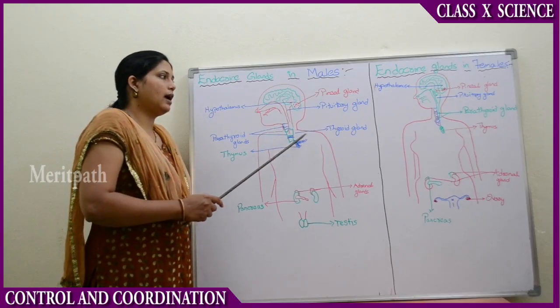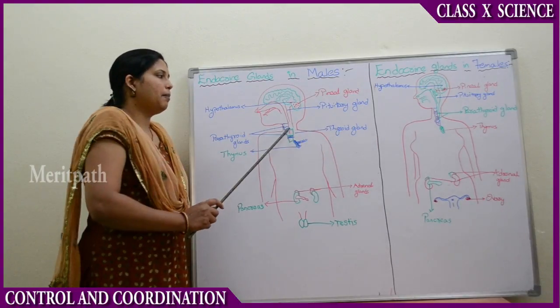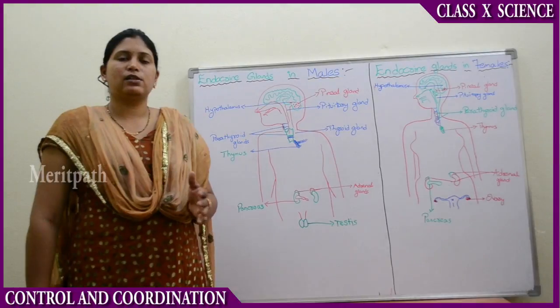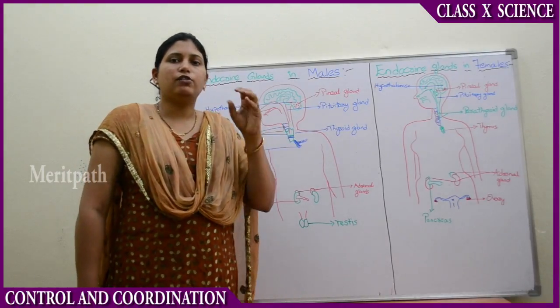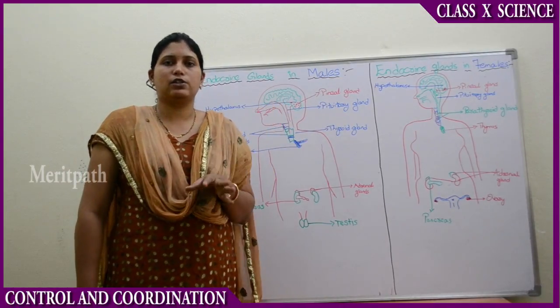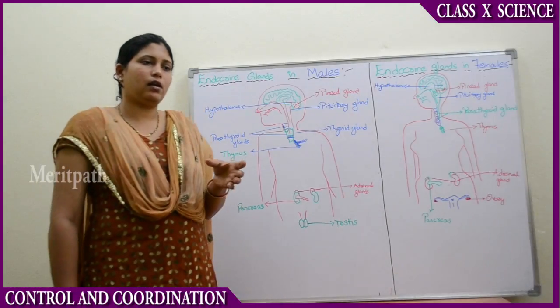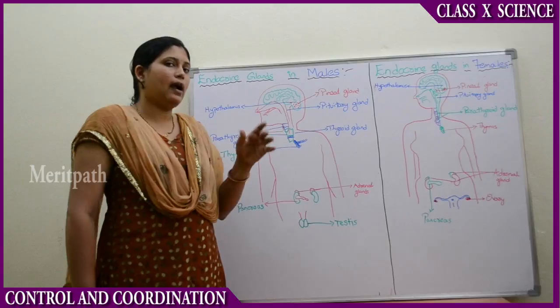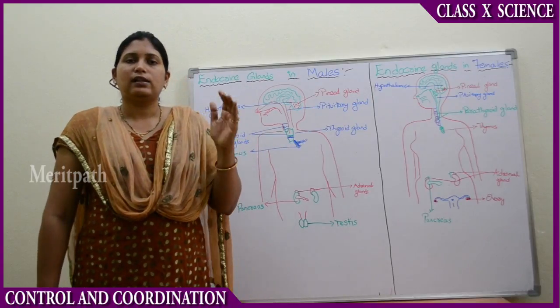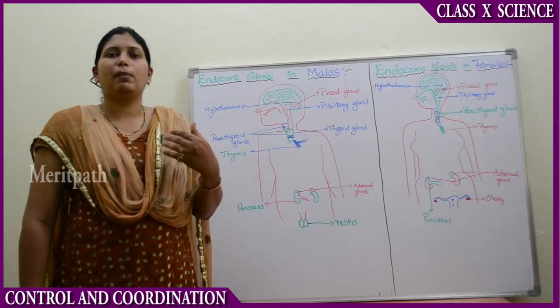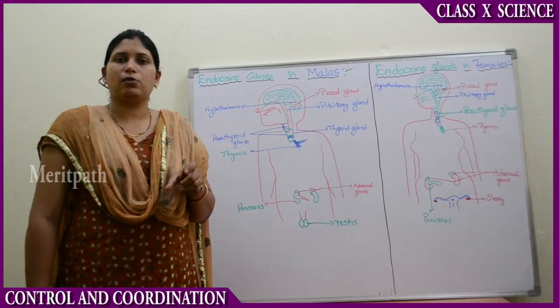Next we have the thyroid gland. The thyroid gland is present both in males and females. We always hear that when we buy salt, we get iodized salt with iodine. So why is this iodine important? The thyroid gland needs iodine because it is responsible for the general metabolism of the body.